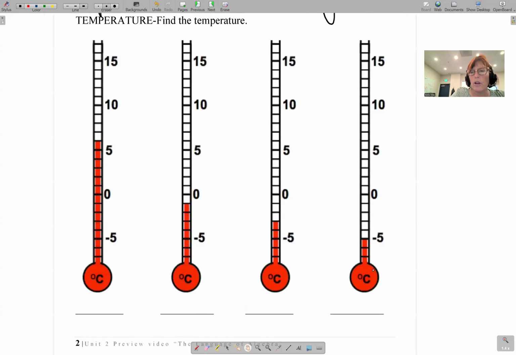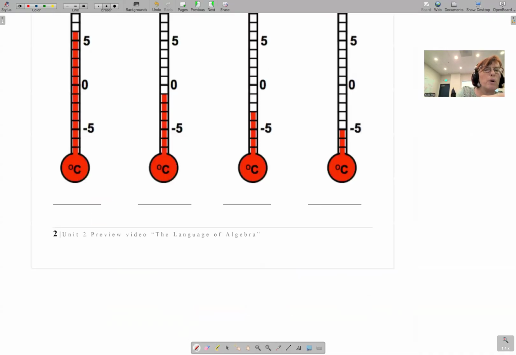Taking a look at these Celsius degrees of temperature, you can see here if this is 0, 0 is where water freezes in Celsius. So this would be 1, 2, 3, 4, 5, 6.